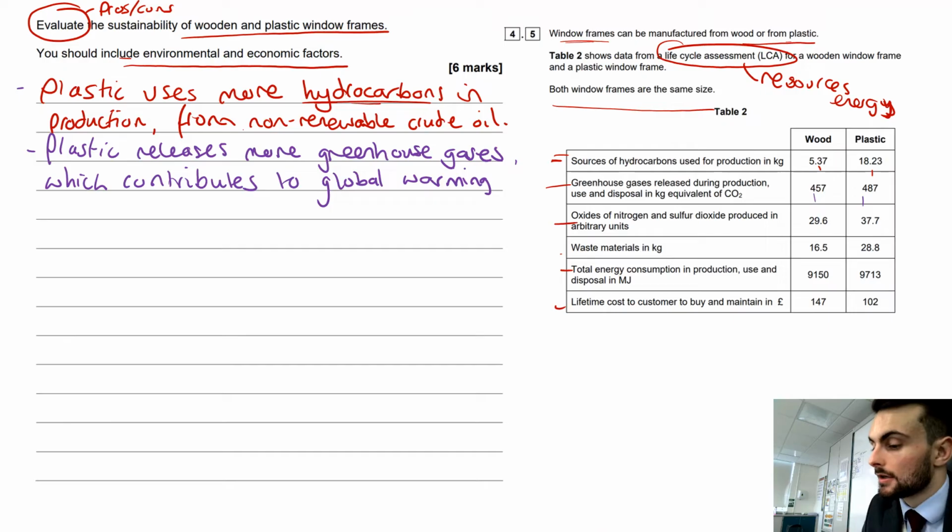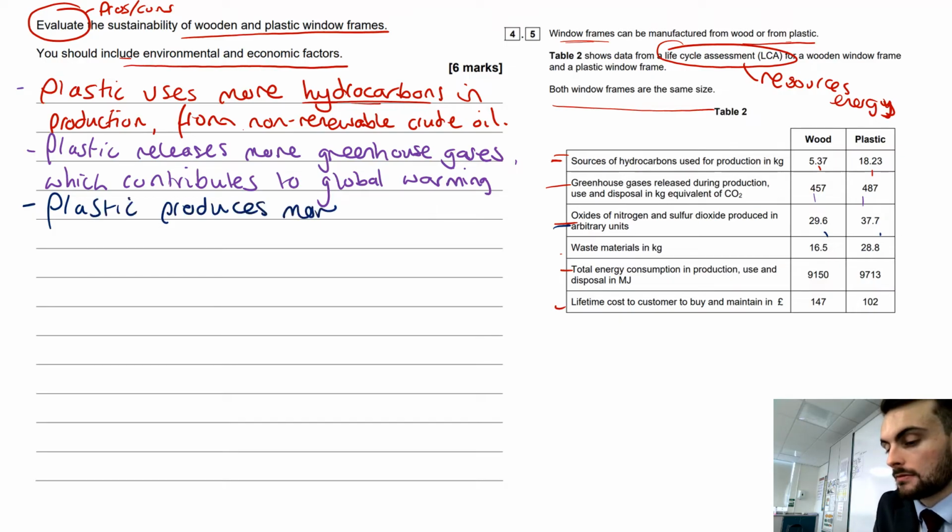I'm just saying a lot from the table, dead simple, and then linking it to what you've been learning in science. Next one: oxides of nitrogen and sulfur dioxide produced, in arbitrary units. Which one produces more? We can say plastic produces more oxides of nitrogen and sulfur dioxide.